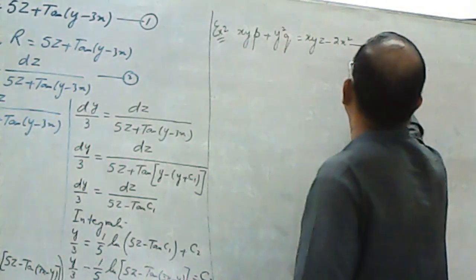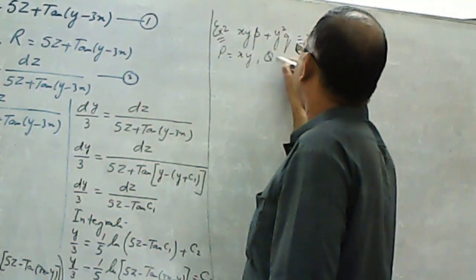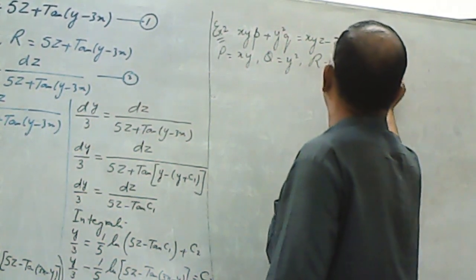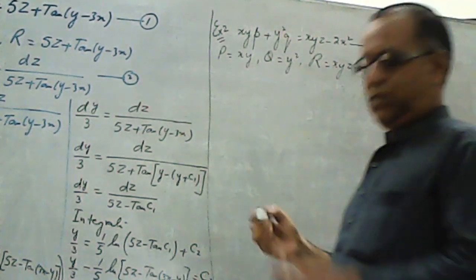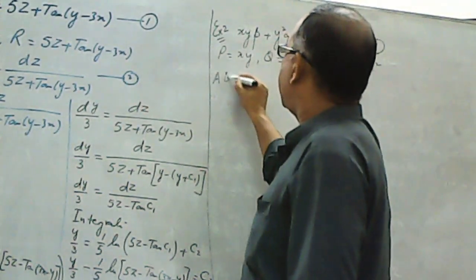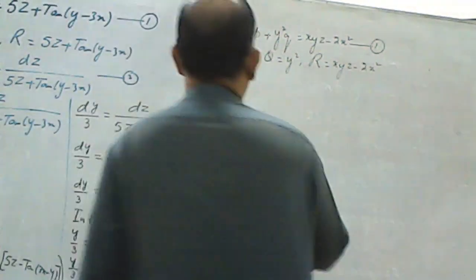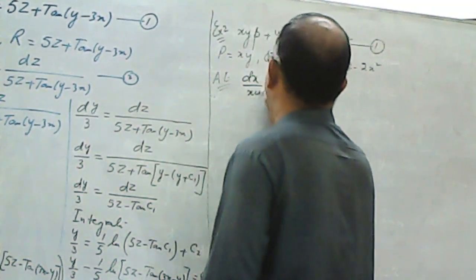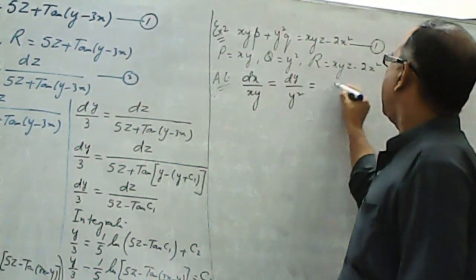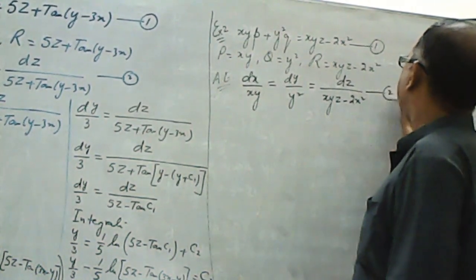Again, in its standard form, capital P is xy, capital Q is y square, and capital R is xyz minus 2x square. So writing down the auxiliary equation, it will be dx over xy equal to dy over y square equal to dz over xyz minus 2x square, equation number 2.